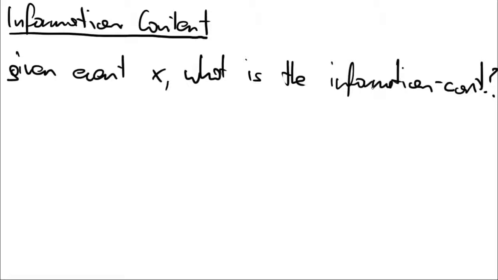So what is information content? So what actual information did we gain by learning about that event X? The information content is usually abbreviated as just I of X, so the information content of that certain event.